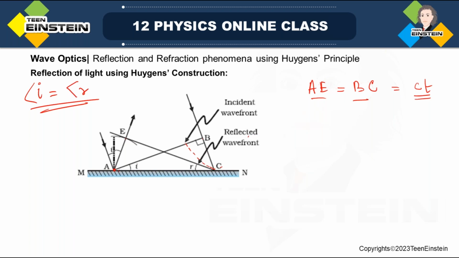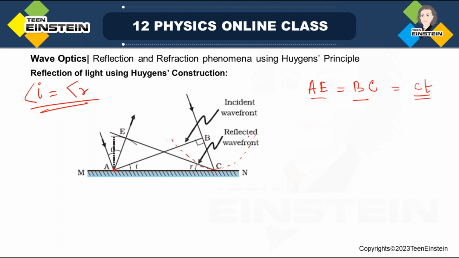There will be a part of wavefront here also, like this. Here one spherical wavefront will reach from B to C.